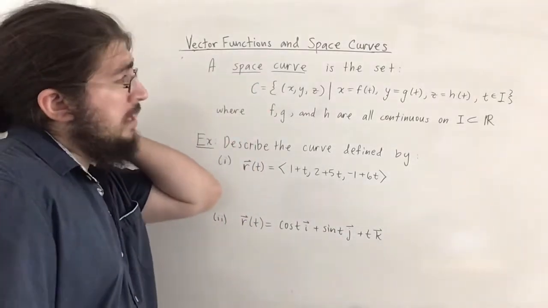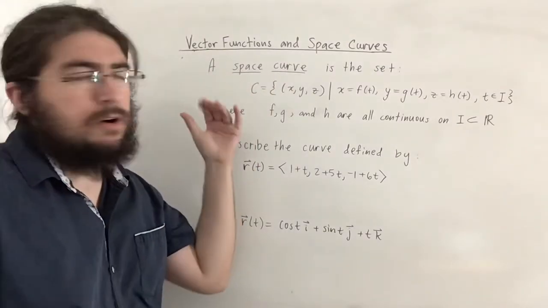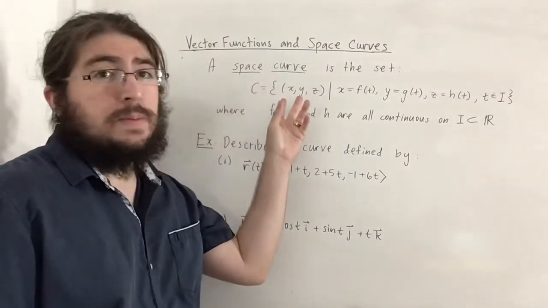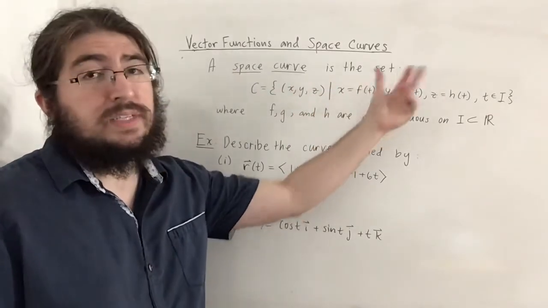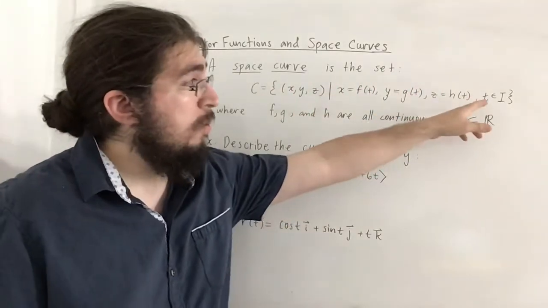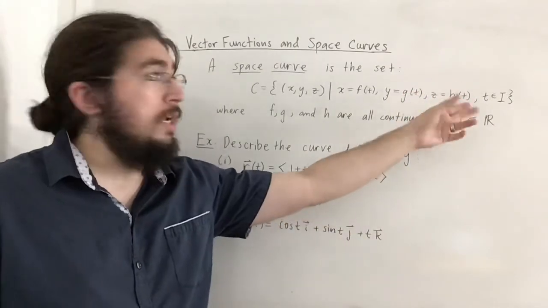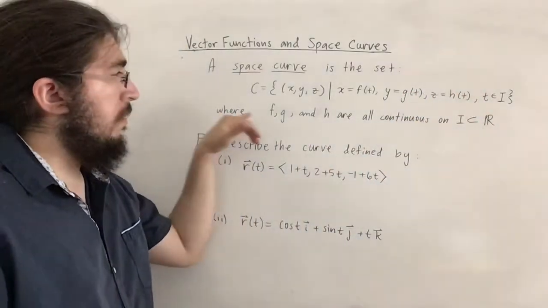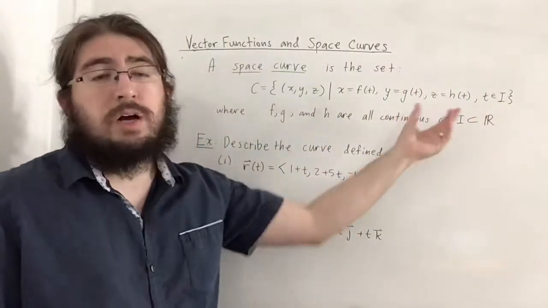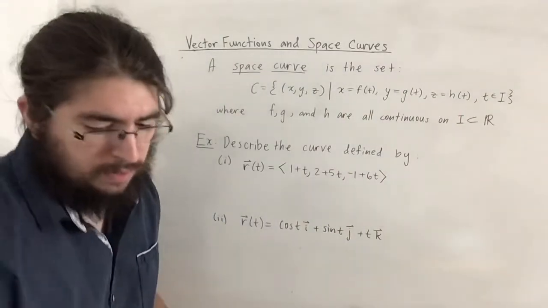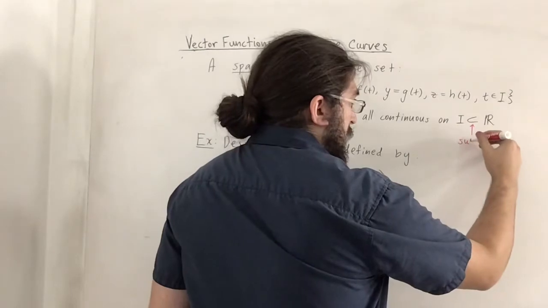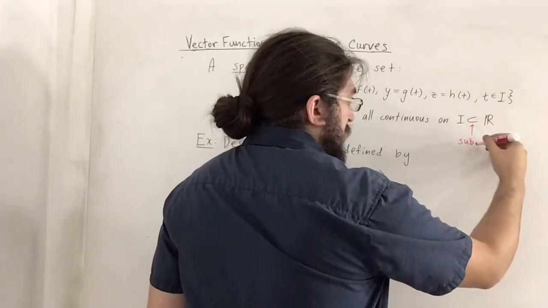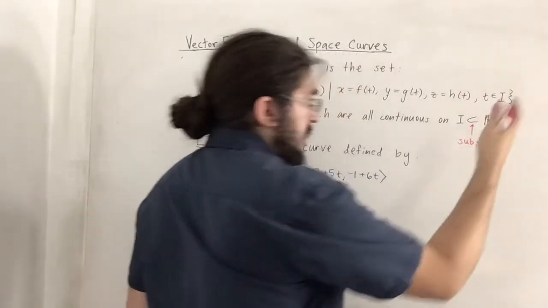I say a space curve is the set C, for curve, of all points x, y, z in 3-space, such that x is f of t, y is g of t, and z is h of t, where t is in some interval I, where f, g, and h are all continuous on this interval I. This symbol, if you haven't seen before, just means subset. So this is just saying that I is some interval in the set of all real numbers.